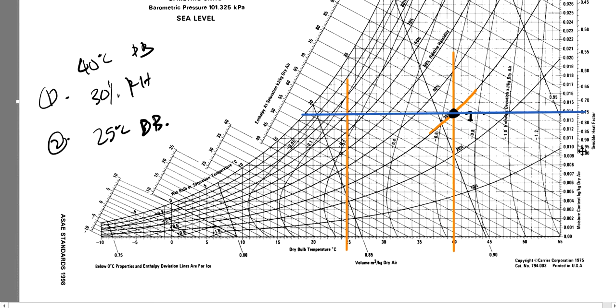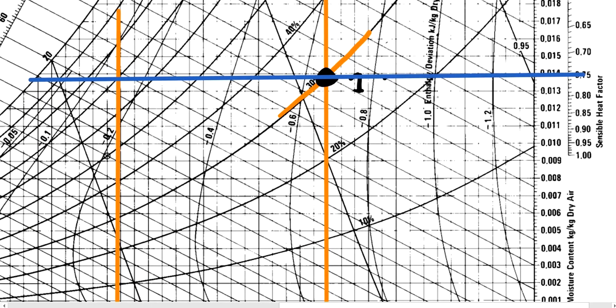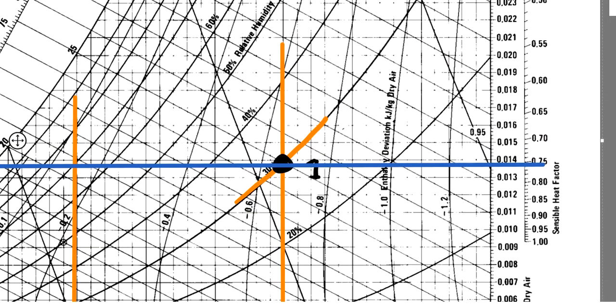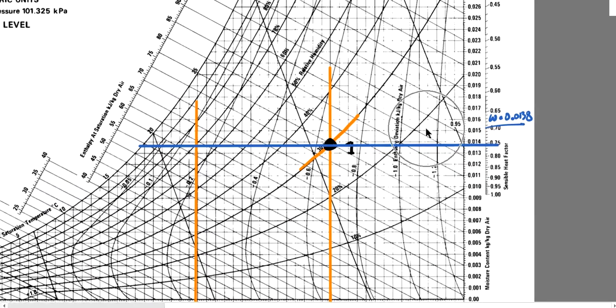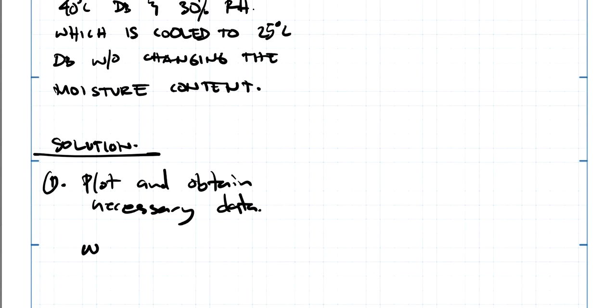So the humidity is 0.0138 kilograms of water per kilogram of dry air.